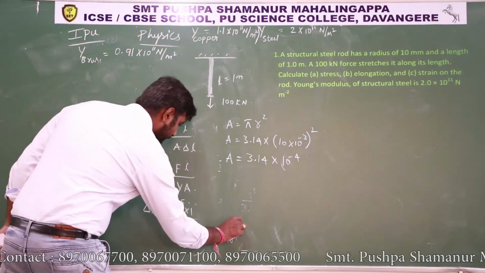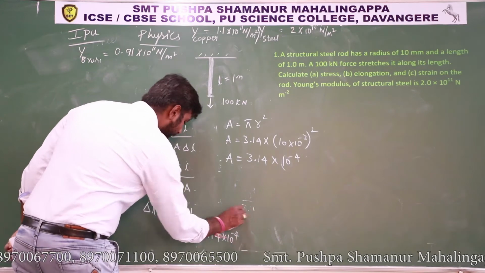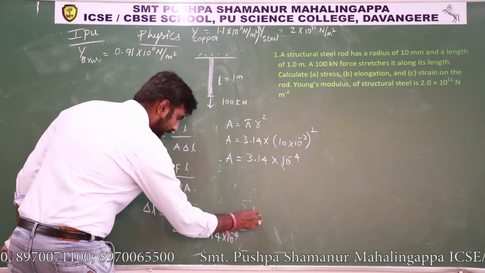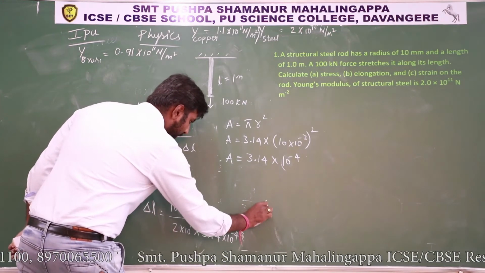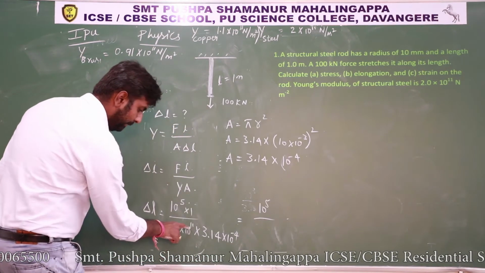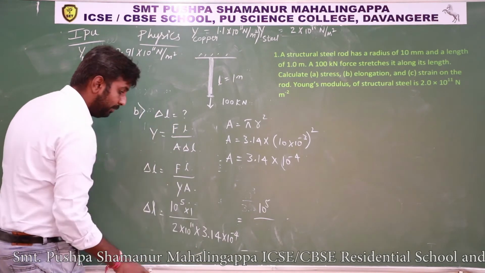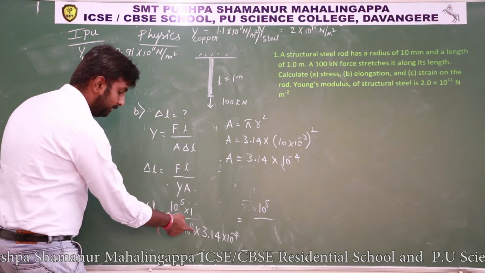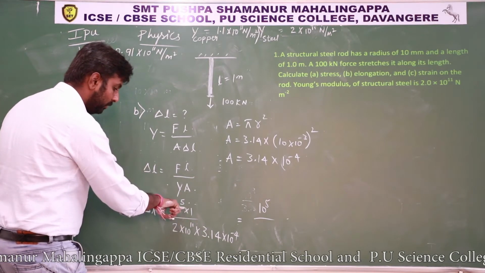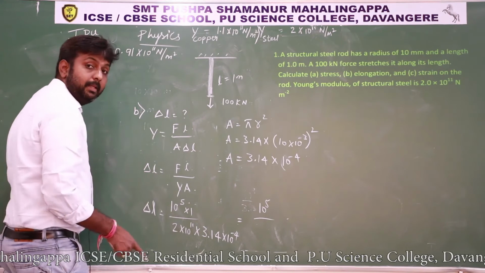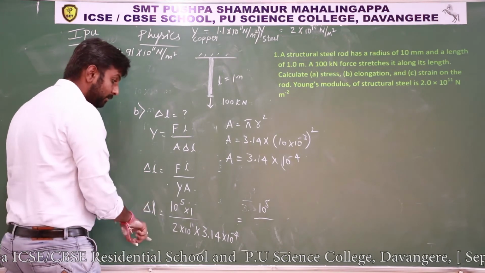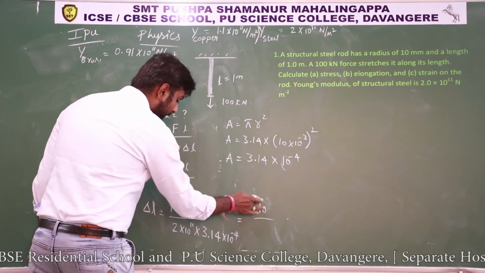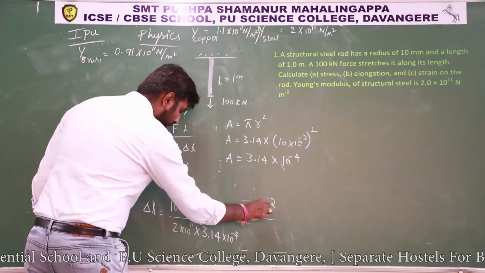So this equals 10 to the power 5 in the numerator, divided by 10 to the power 11 minus 4, which gives plus 7. Plus 7 in the denominator means minus 7 in the numerator. Minus 7 plus 5 gives minus 2.